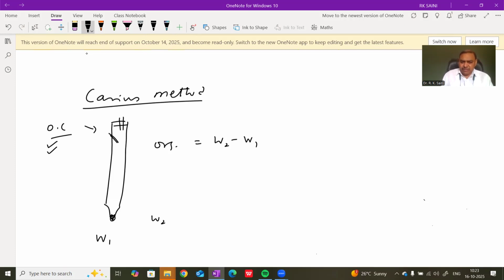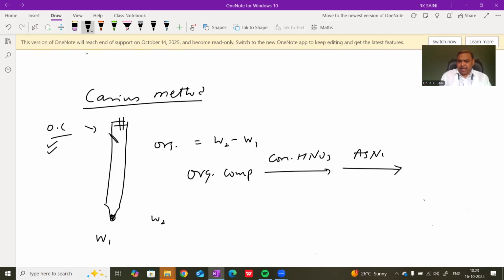In this experiment, the organic compound is treated with concentrated HNO3 and then silver nitrate is added.